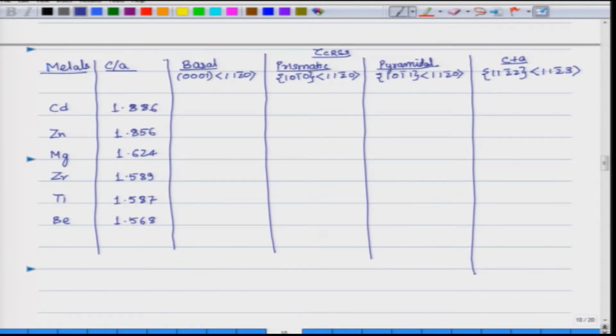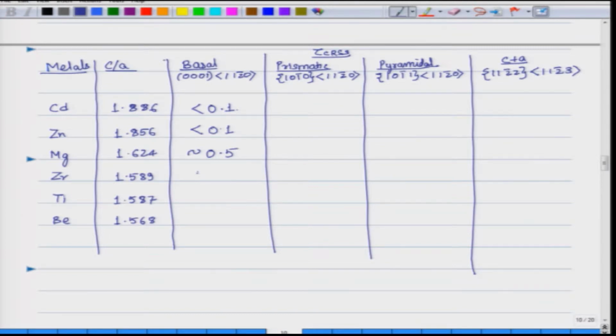That the tau CRSS for basal slip is very small, or the smallest, and it so happens it is less than 0.1, and all these values are in megapascal. Even zinc is less than 0.1 megapascal, and if you go to magnesium, it is a little bit higher, but still in the same range.